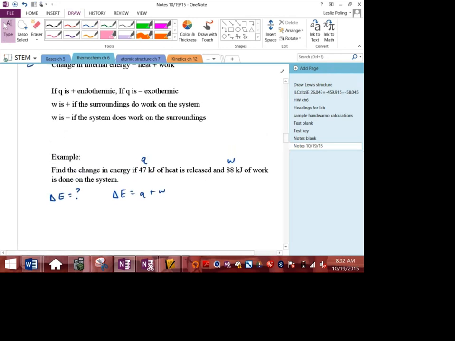We have to look at, from the words, what our sign is going to be. 47 kilojoules of heat is released. So is that positive or negative? Negative. So we have negative 47 kilojoules. Okay? And 88 kilojoules of work is done on the system. So what sign does that have? Positive.